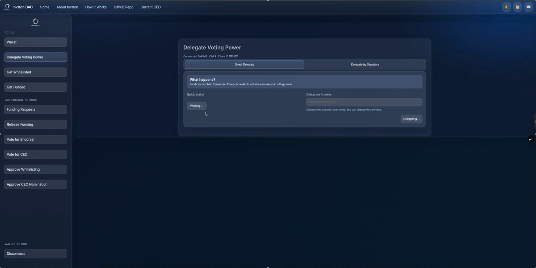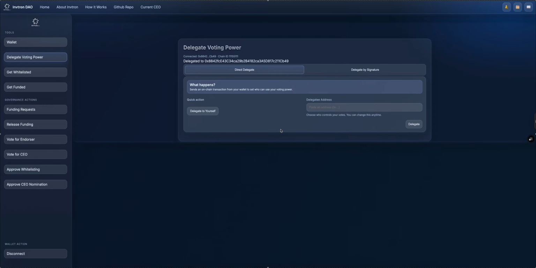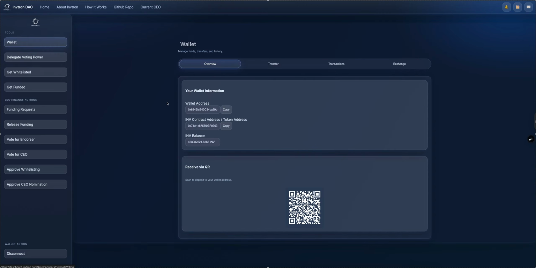So I will be able to vote. Now it's working. Okay, as you can see, it's delegated to my own wallet, which ends with 49. This is the wallet that ends with 49, right?